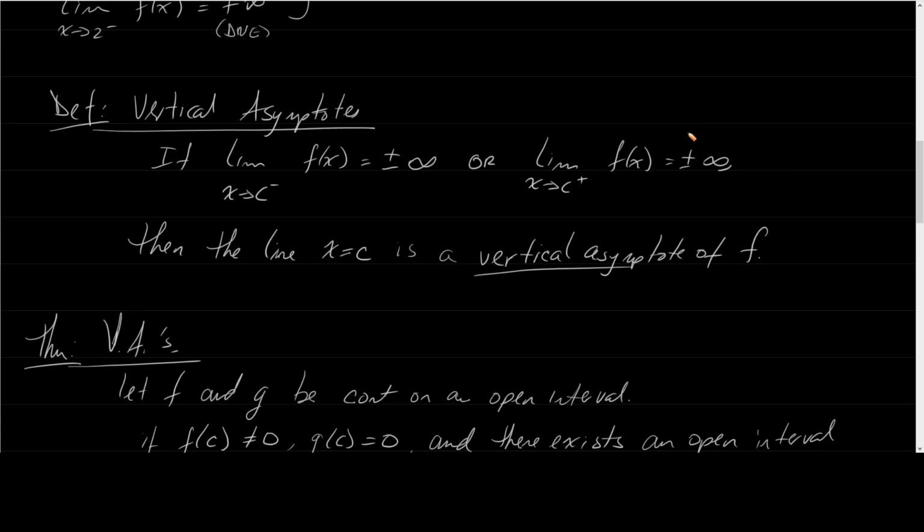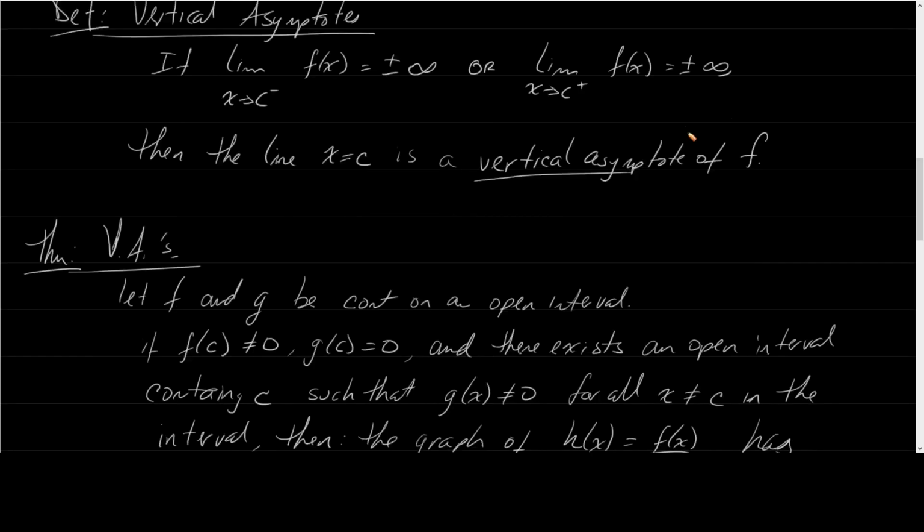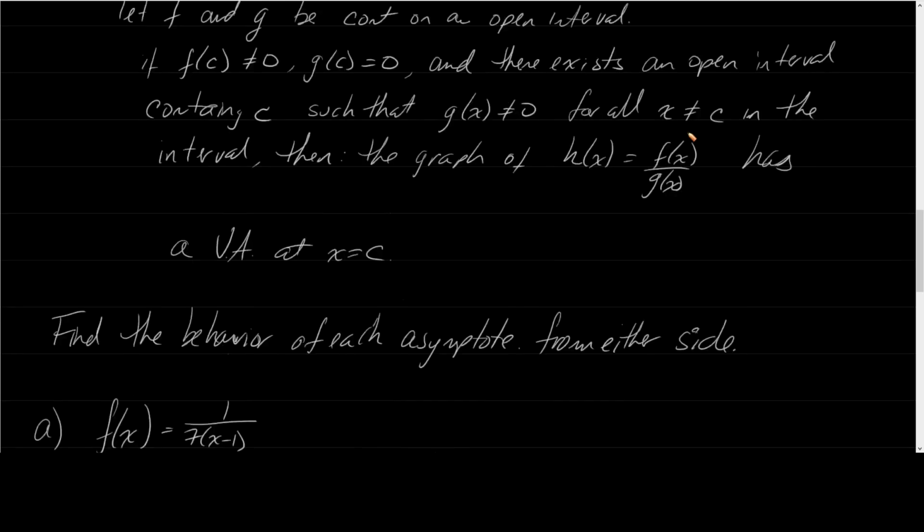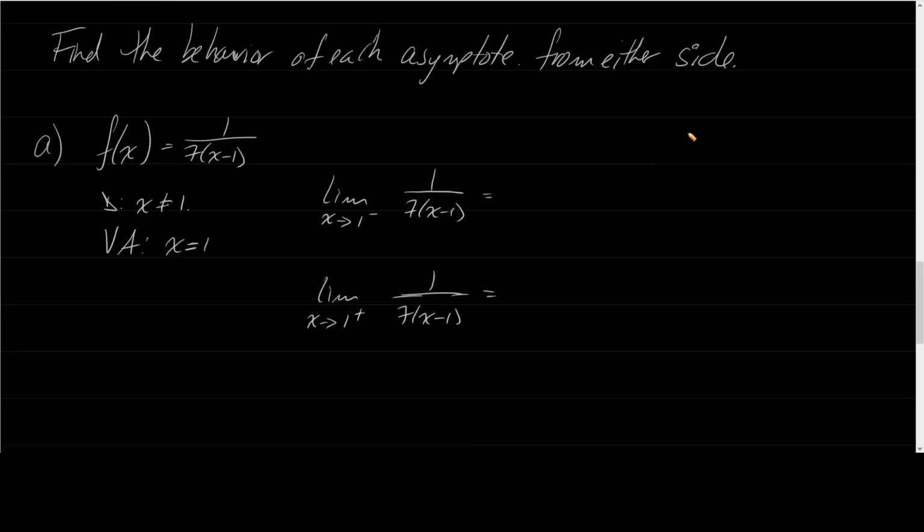So between that definition and this theorem, these limits are going to go to some sort of infinity. The question is, is it going to go to positive infinity or negative infinity? We know that at 1 we've got a vertical asymptote, but we need to figure out what's going on. It's got to go to some infinity. Is it positive or negative? Well, how do we do it?